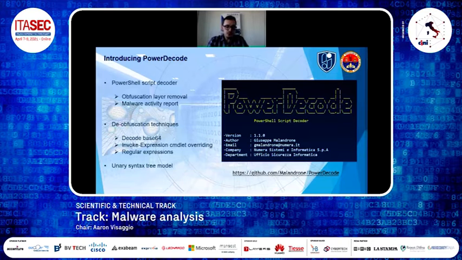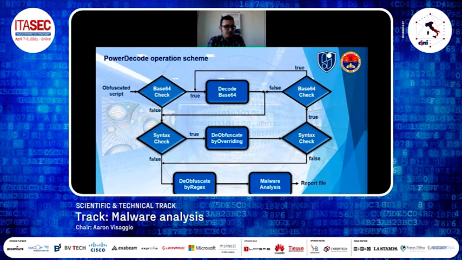It employs the same deobfuscation techniques of the current state of the art, but it employs them in an innovative way, relying on an accurate structure of the obfuscated script described by an abstract syntax tree. The operation scheme is shown in this diagram. We can see that the program takes an obfuscated script, a text file, as input, and as a cyclic algorithm removes all obfuscation layers.